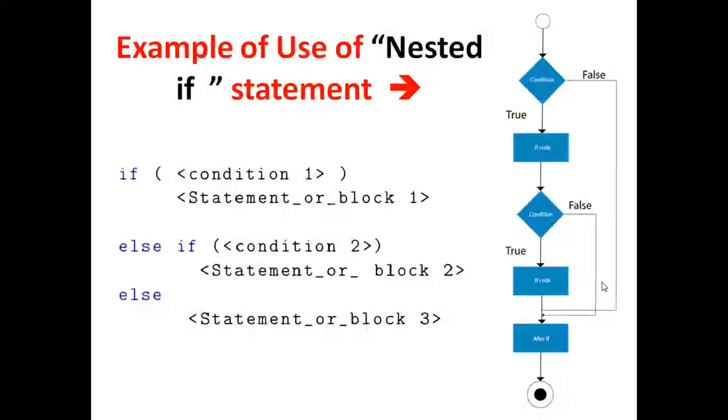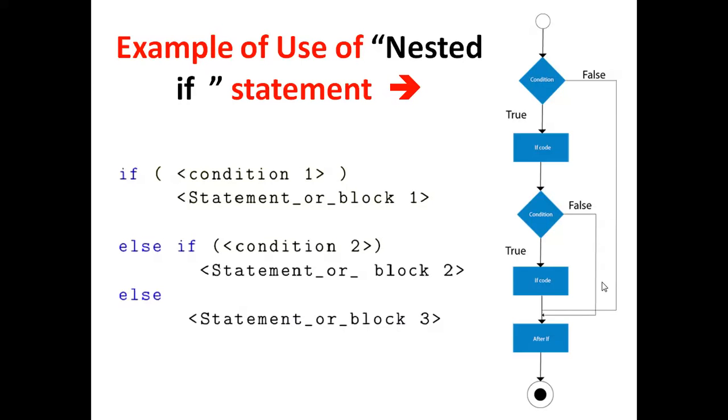We'll see the syntax in detail by using a block diagram also. The if condition, the first condition, if it is true, then the statement block will be executed. If the condition is false, the else if condition, that is the second condition, will be checked. If this condition is true, then statement block 2 will be executed. And if this condition is also false, then the else part will be executed and will display statement block 3.